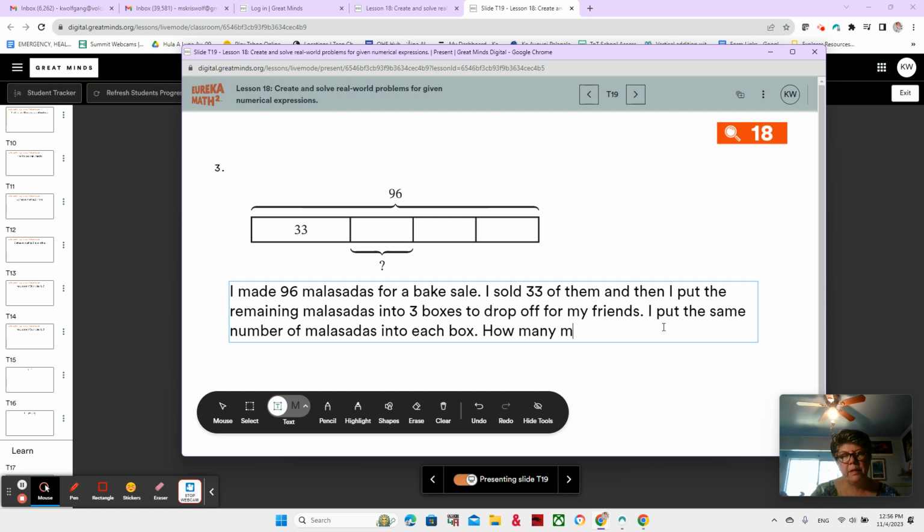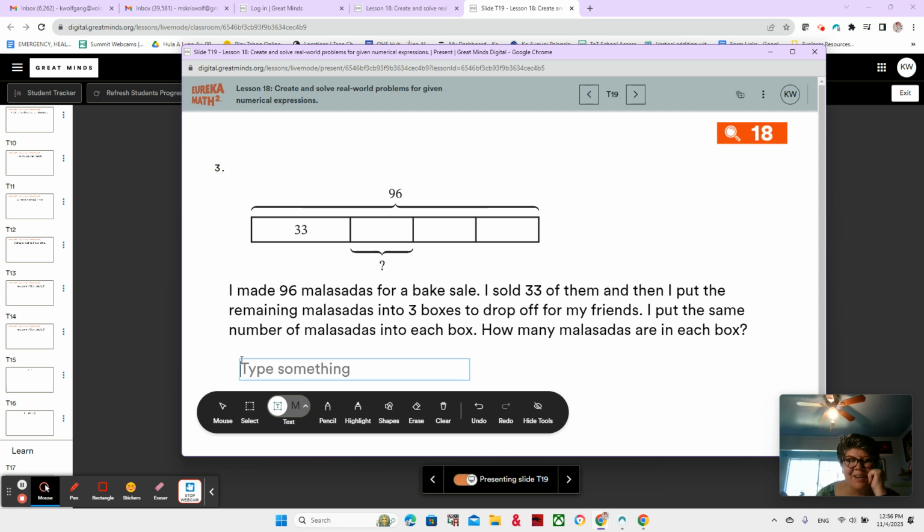How many malasadas are in each box? How many malasadas is each of my friends going to get? Okay, and we're just writing the word prompts to go with it, but I want to know how many malasadas each friend's going to get, don't you?